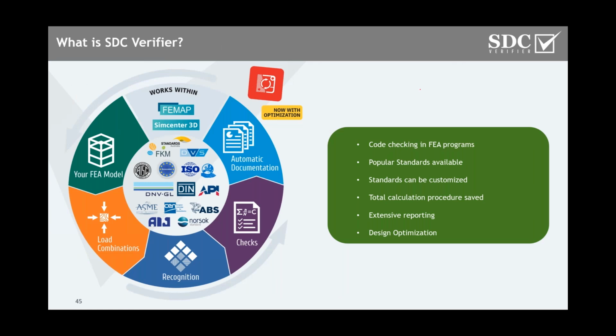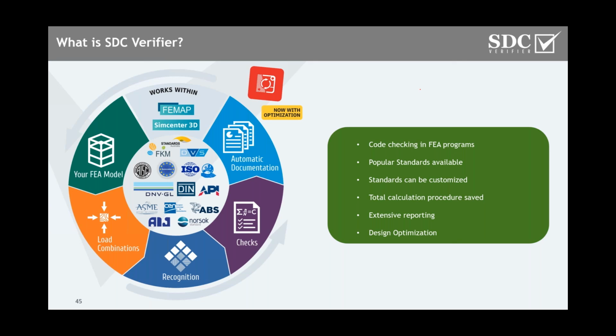And to sum up, we went through the calculation procedure and the most time-consuming tasks in the evaluation of any FEA model according to a certain set of rules or regulations. So within SDC Verifier with your Femap or Simcenter model, you're able to perform code checks directly in Femap and Simcenter according to multiple popular standards.